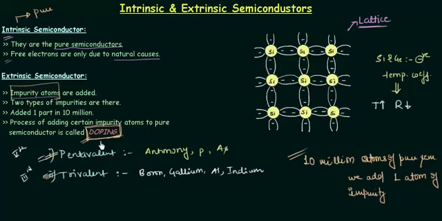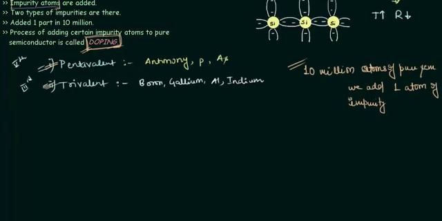Because of this doping, we get extrinsic semiconductor of 2 types. The first one is N-type. You must have learned these things in your 12th standard, the N-type semiconductor and the P-type semiconductor. These both are the types of extrinsic semiconductor, right?